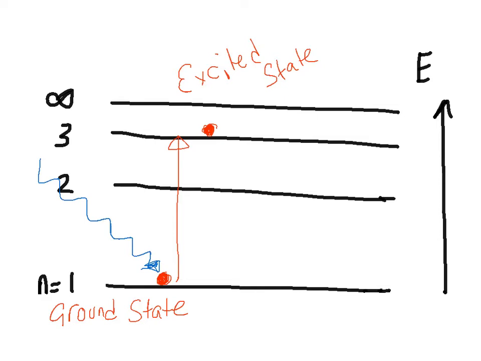Electrons don't like to be in this state, and they would rather stay in their ground state. So what happens is they can come back down.